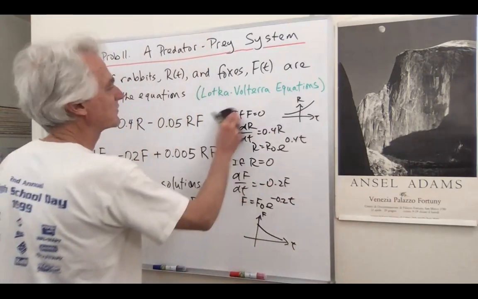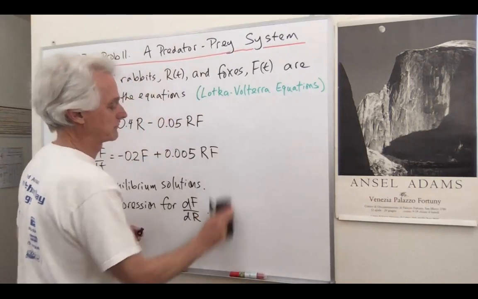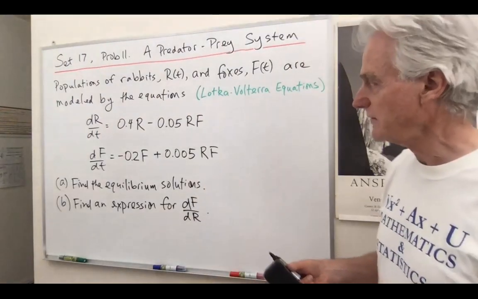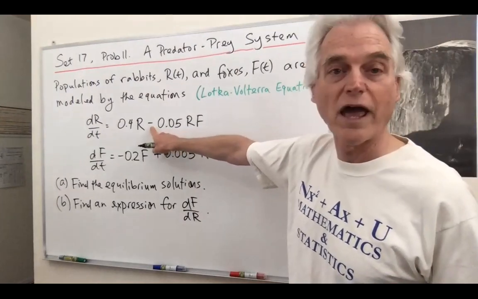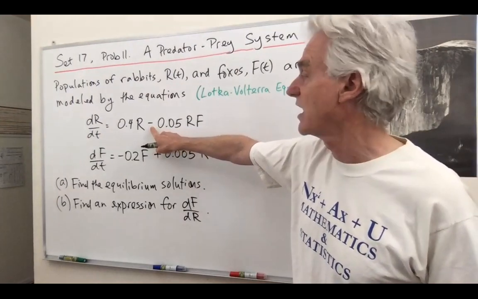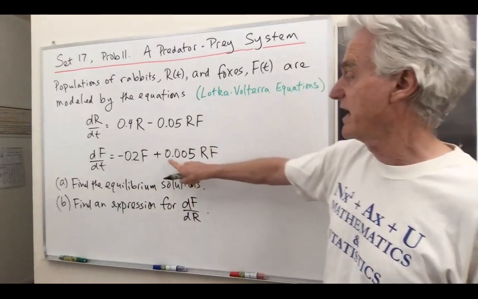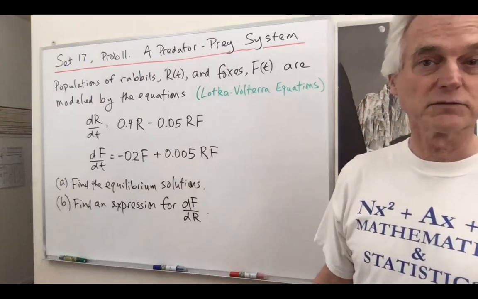And what happens if a rabbit and a fox encounter each other? Well, the fox eats the rabbit. And that has the effect of decreasing the rabbit population, as a negative sign, and the rabbit and the fox meeting has the effect of increasing the fox population.